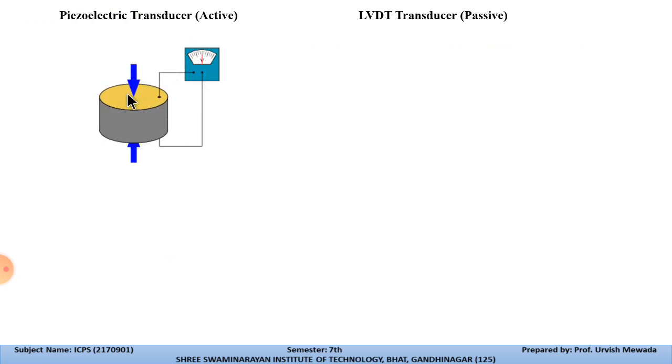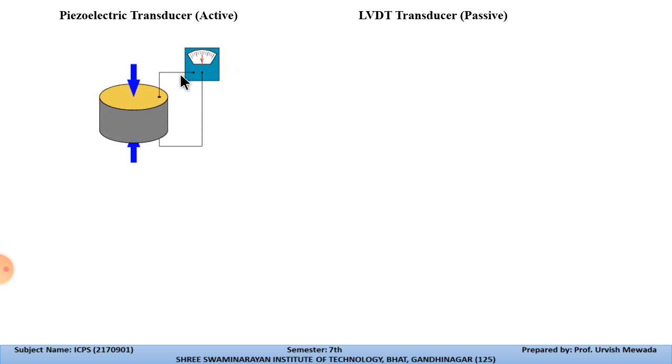So from the animation picture we will easily understand the working of active and passive transducers. This cylinder is nothing but the piezoelectric crystal. Piezoelectric crystal material is basically quartz, and quartz has the property that when we give mechanical pressure to the piezoelectric crystal, means we are compressing it from these two sides, due to the compression at these two points the EMF will be produced, and that can be measured with the help of this galvanometer.